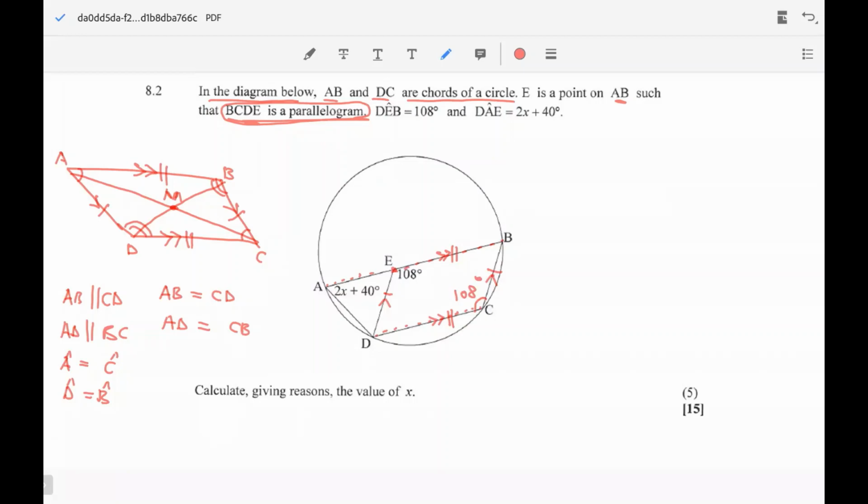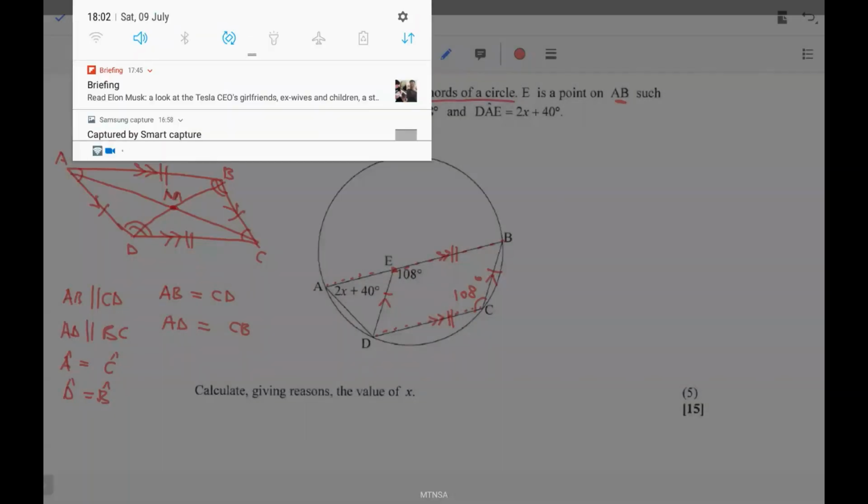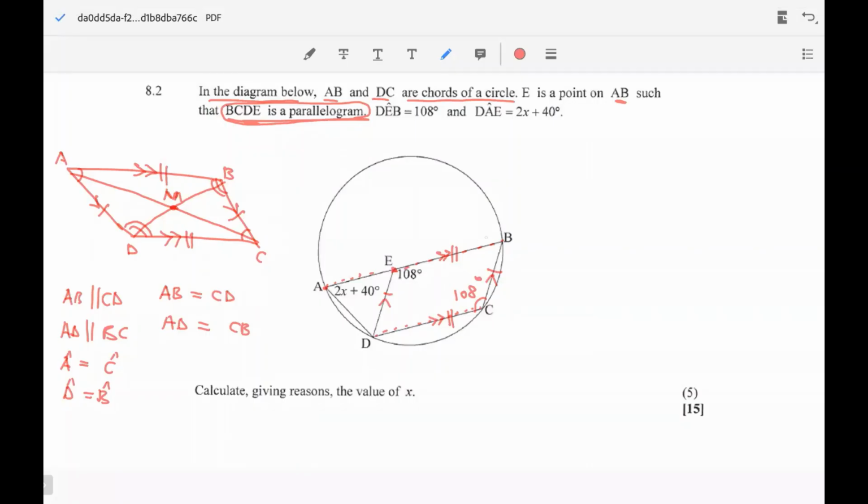And still analyzing ABCD, all the four vertices are touching the circumference of the circle. And because all the four vertices are touching the circumference of the circle, that means our ABCD is indeed a cyclic quadrilateral.